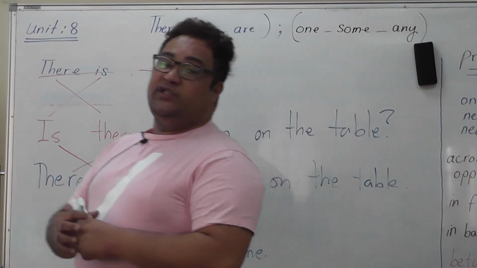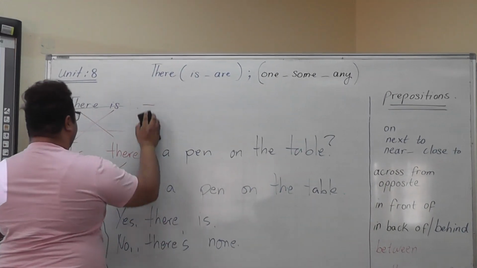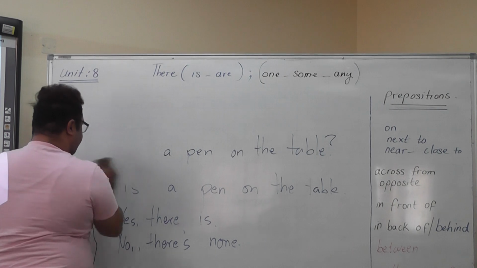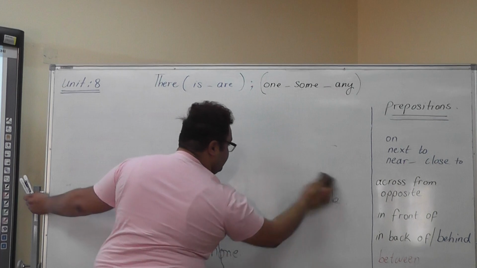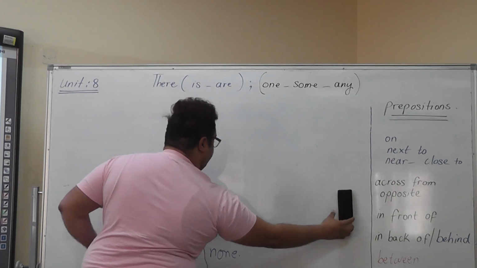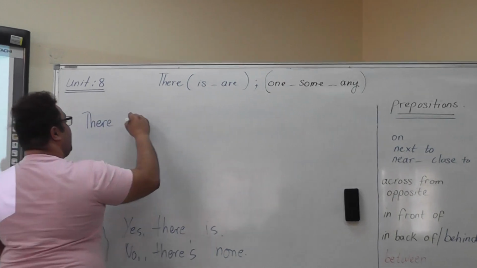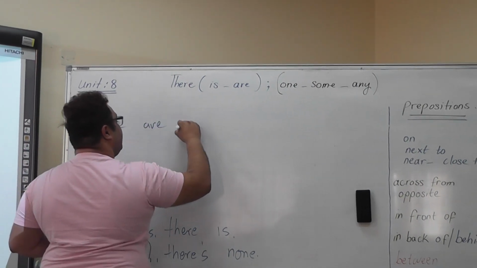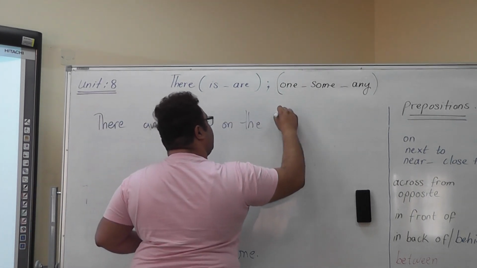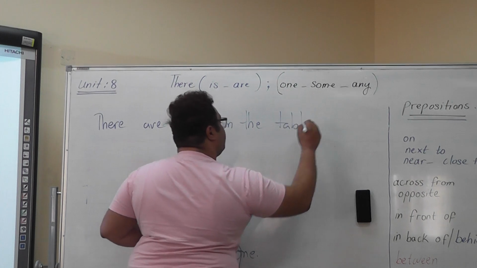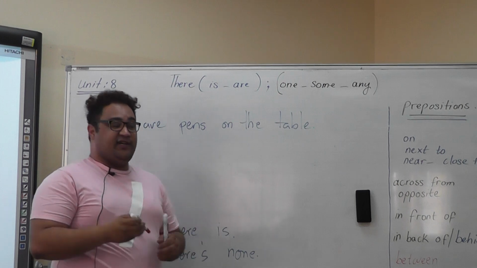Now, we go to the plural form for there are. The first example was there are pens on the table. There are pens on the table. So how are we going to make this into a question?